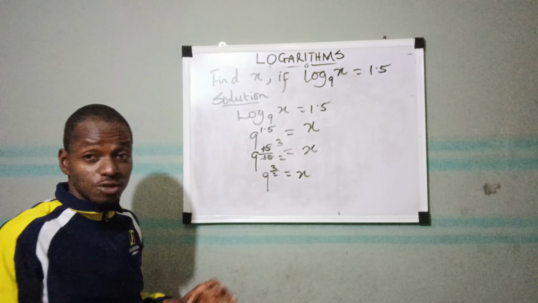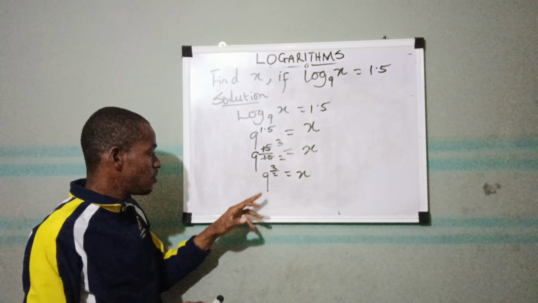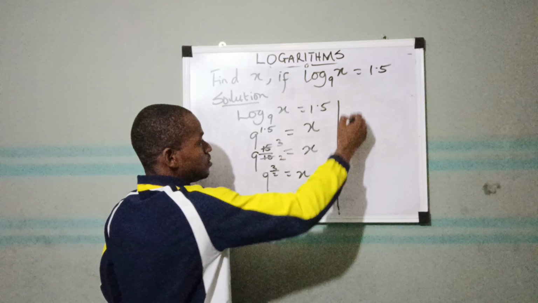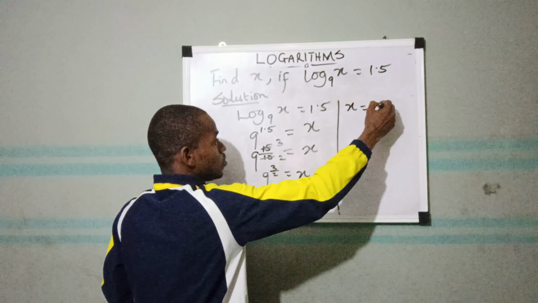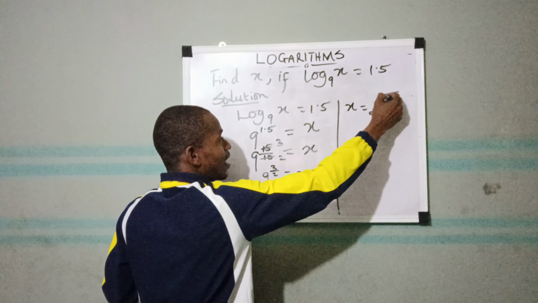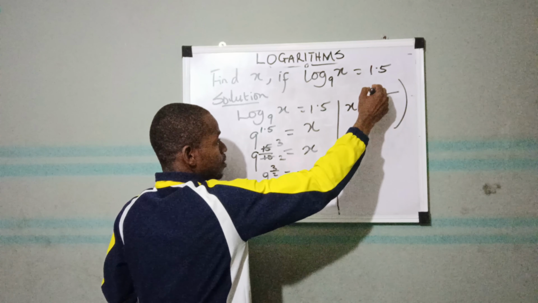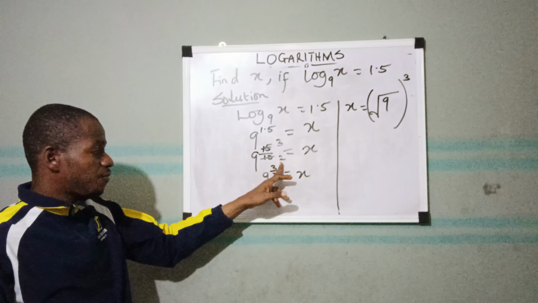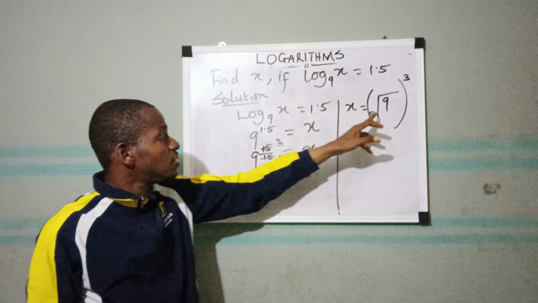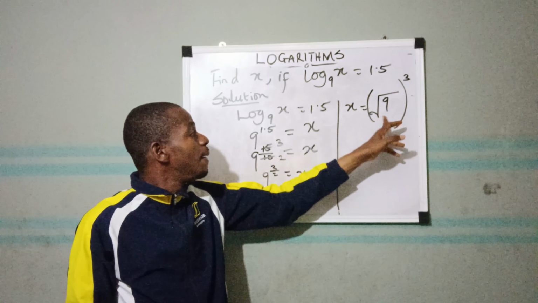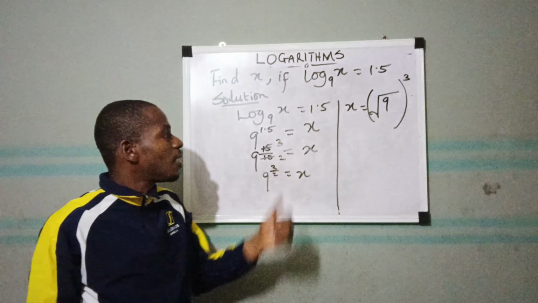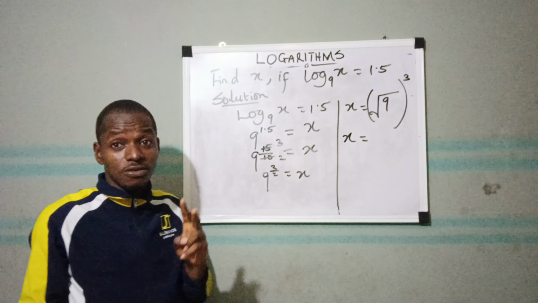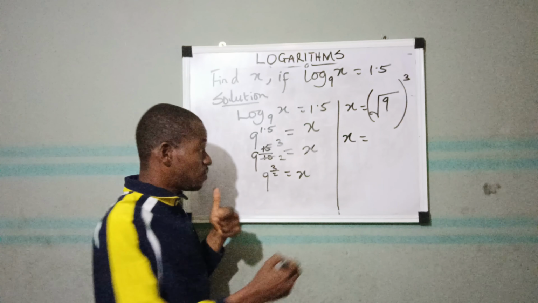Remember from your fractional index law, from indices, this is the same thing as taking the square root of 9 and raising it to the power of 3. So the square root of 9 is which number will I multiply twice to give me 9, which is 3.